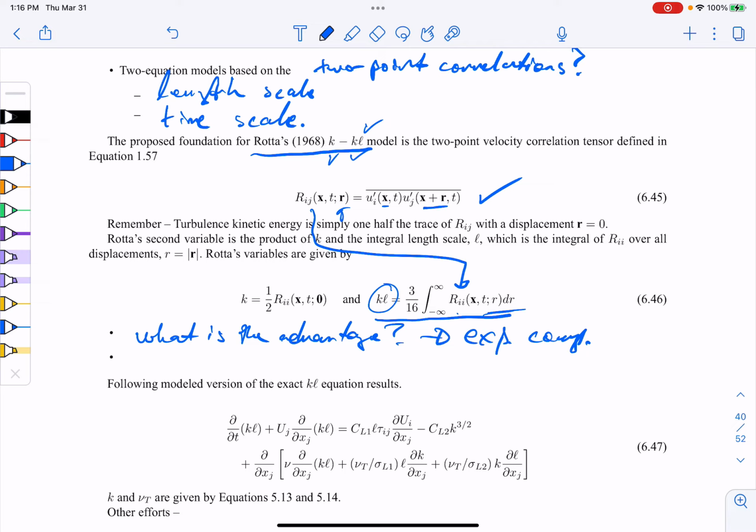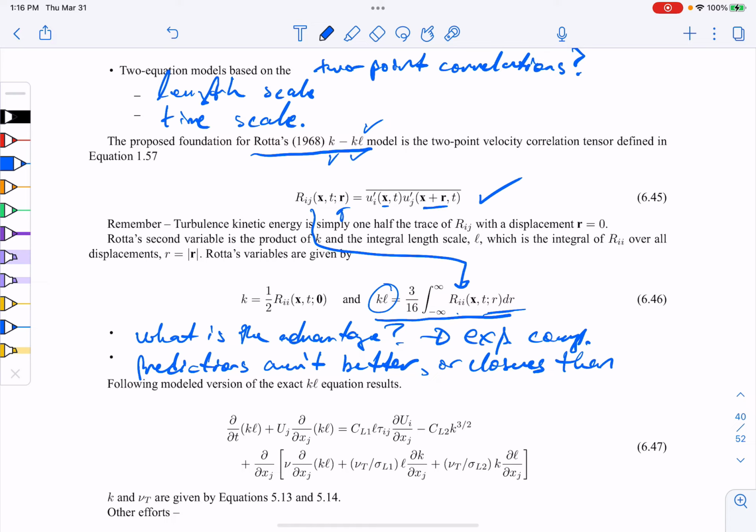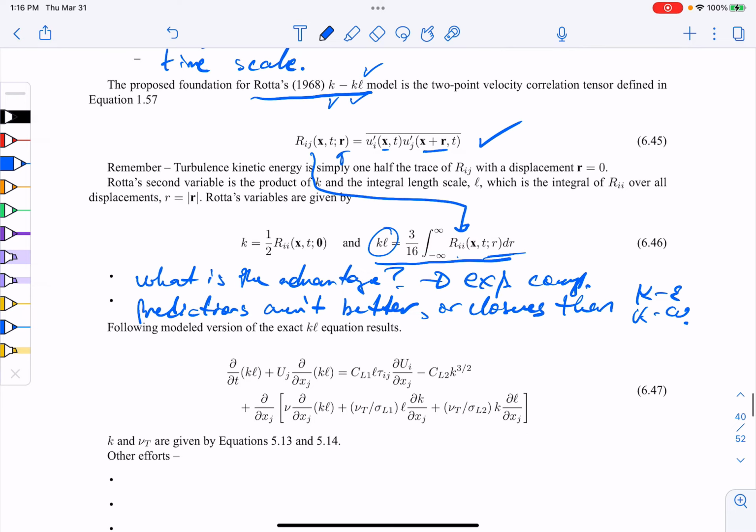But the disadvantage is it turns out that the predictions aren't really better or closures than the standard K epsilon model or K omega. So they're there, but it doesn't seem like it was a lot of extra work, and it's not widely used except for maybe a little bit better experimental validation.